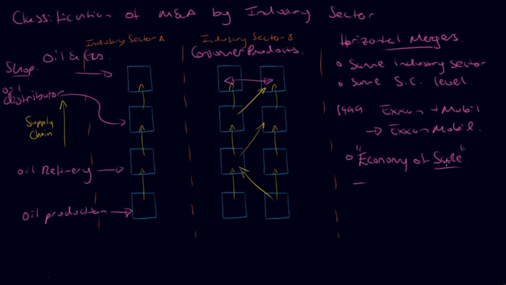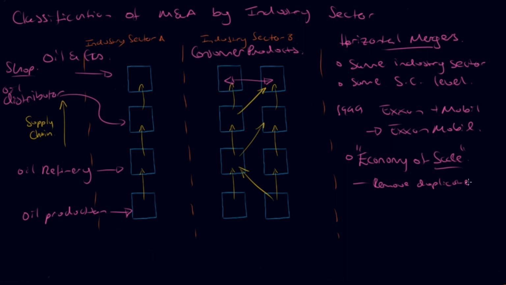The economies part of the term comes from the fact that you can consolidate and remove duplicate resources and operations. So for example, if these two companies both have IT and technology departments, maybe the new resulting company will just take the more efficient department and get rid of the other one, reducing costs. So reducing costs across these two companies and making this supply level in the supply chain a little bit more efficient.